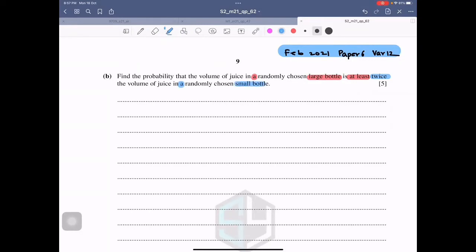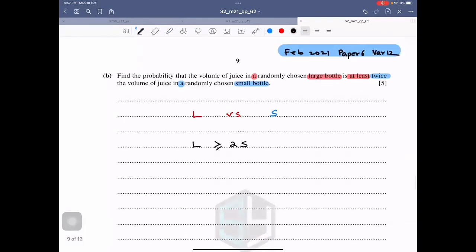So now it's 1 versus 1. That means it's a concept of multiple. So it's large versus small. That is the thing. Read the question again. Large is greater than or equal to twice of S.